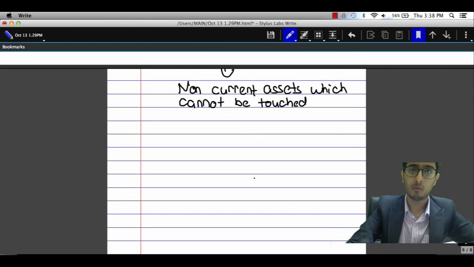Now, what is the recognition criteria? As intangible assets are also assets, this means that it must meet the definition of an asset. It must be controlled by an entity as a result of past events.